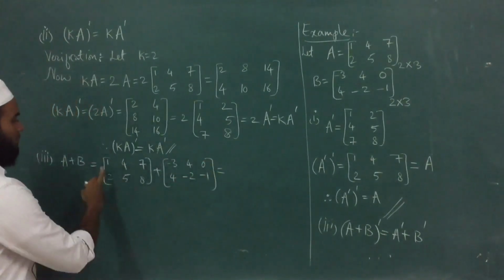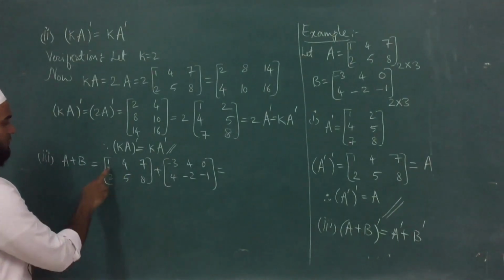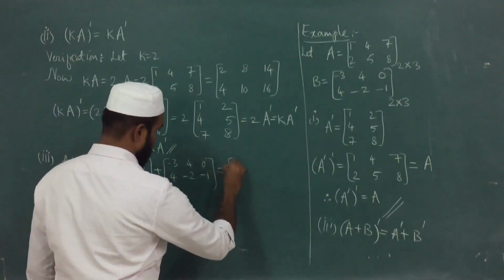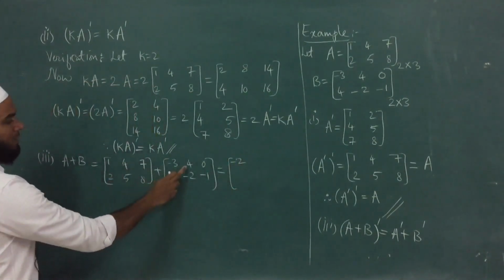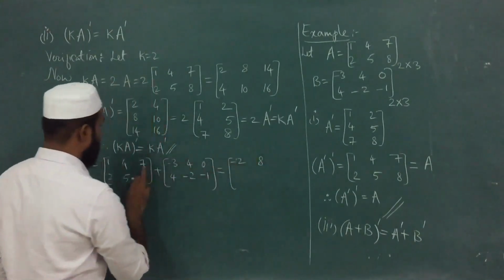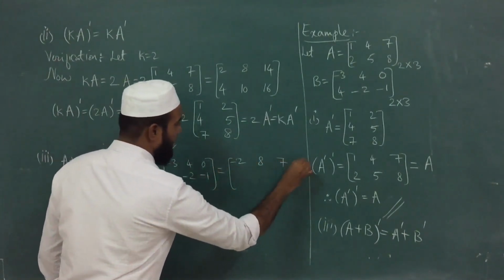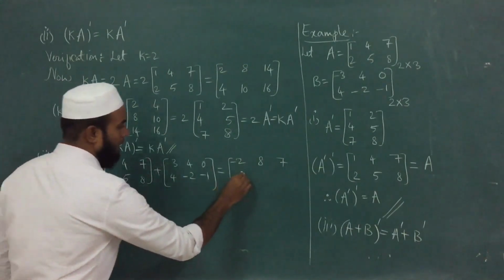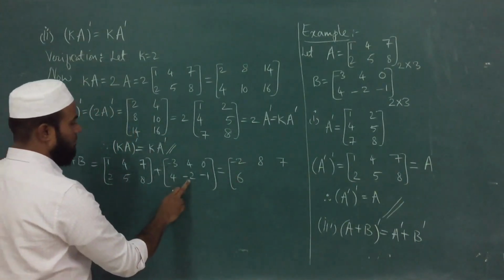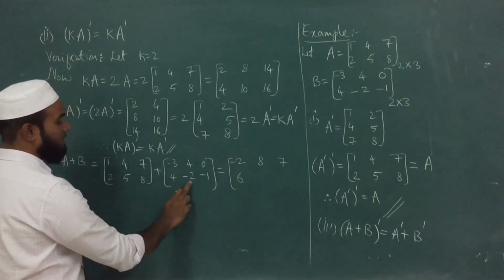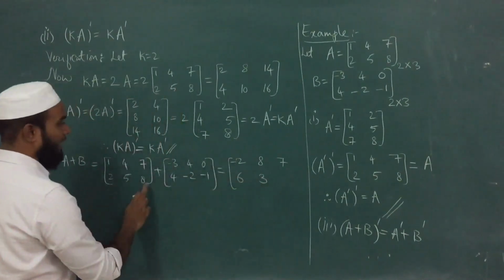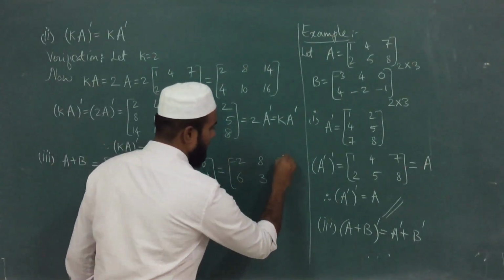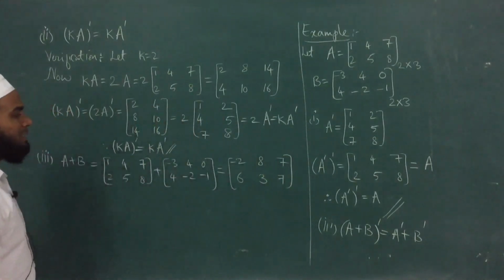We have to add these two matrices. So 1 minus 3 is -2, 4 plus 4 is 8, 7 plus 0 is 7, 2 plus 4 is 6, 5 plus -2 is nothing but 5 minus 2 is 3, then 8 minus 1 is 7, right? So this is A plus B.